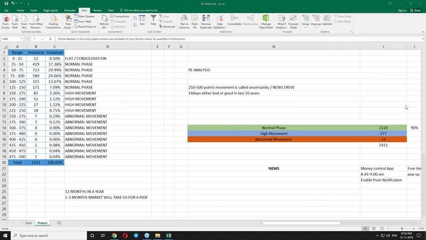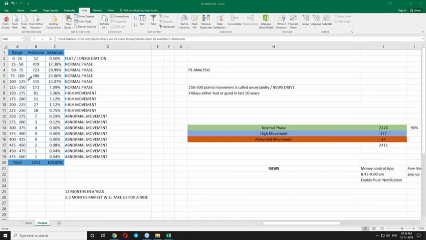So here, what we can understand is the 0 to 25 range. That means Nifty is moving in very, very narrow levels. Next, 25 to 50, it's like this. I don't want to give a graphical representation for everything.